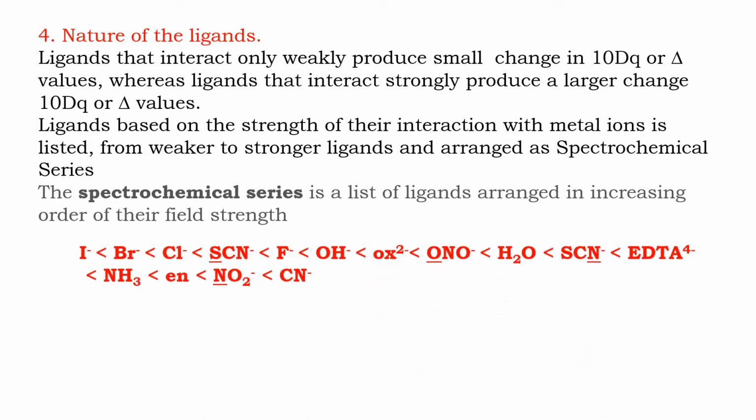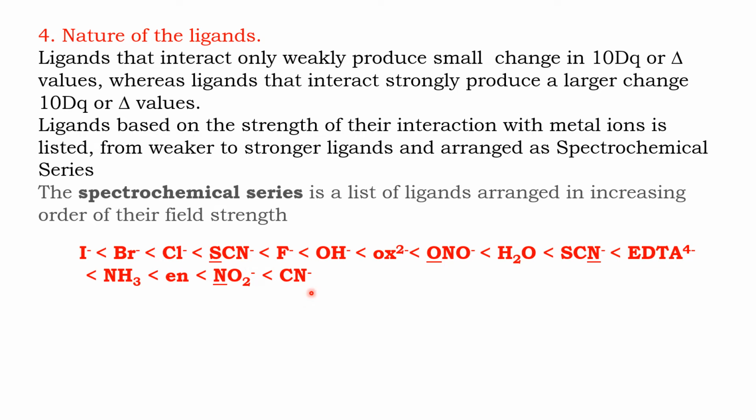I am giving you a brief description of that. See, I- is a weak ligand while CN- is a strong ligand. This order is called the spectrochemical series, and I am giving only a few ligands here. I- and Br- are weak ligands, and the crystal field splitting is minimum, while CN-, NO2-, and CO, carbon monoxide, are strong ligands.